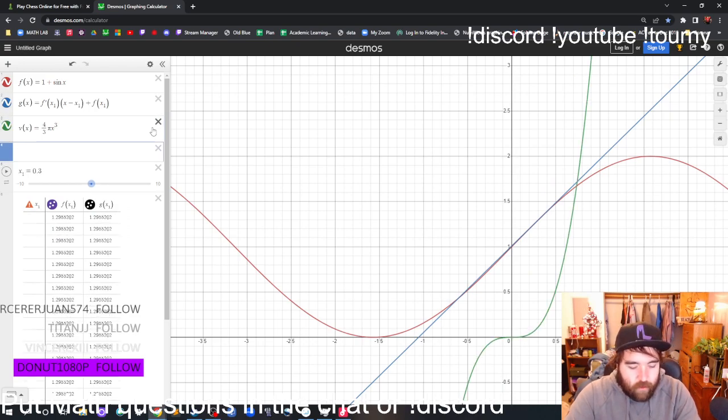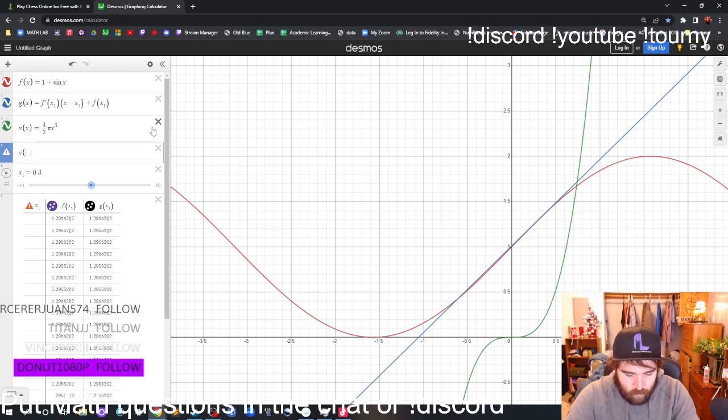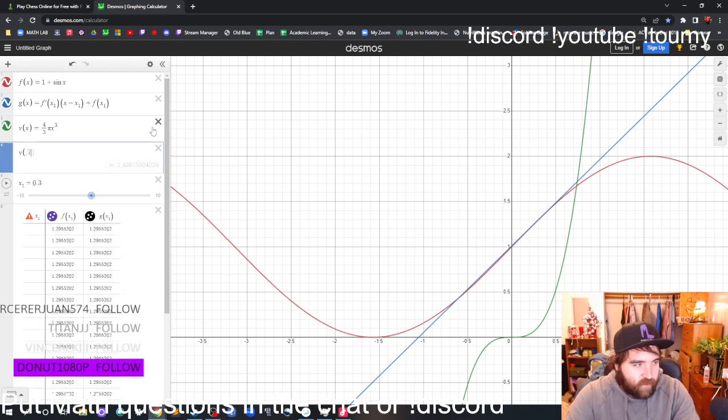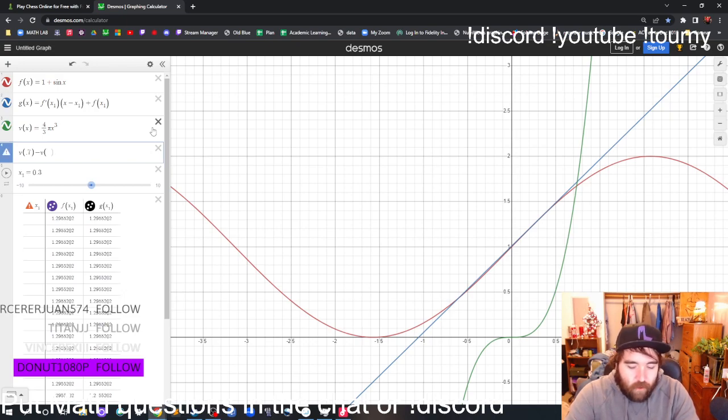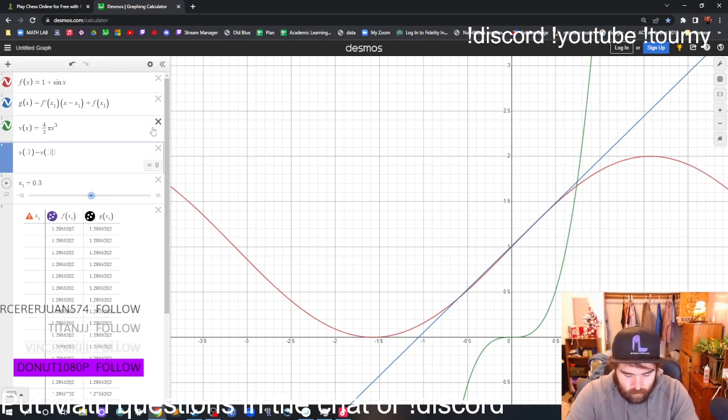Then I can type in v of 0.7 minus v of 0.701. That's 0.0061. And I just got 0.0. Well, that's concerning. Oh, right. It is just that. It is just that. Okay.